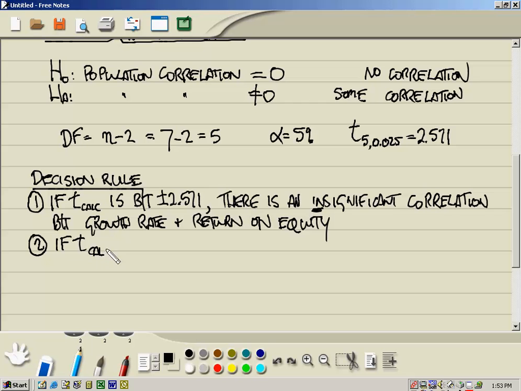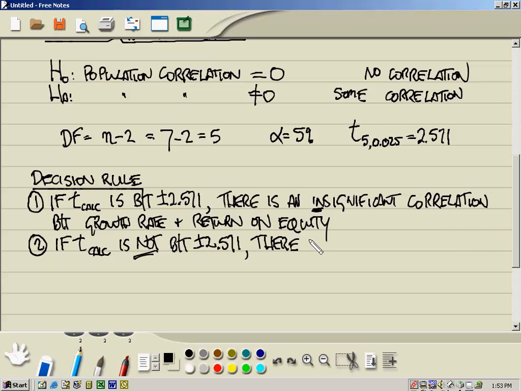Alternatively, t-calc is not between our critical values of plus and minus 2.571, in other words, it's around the tails. Again, we'll skip the reject the null and accept the alternate part.